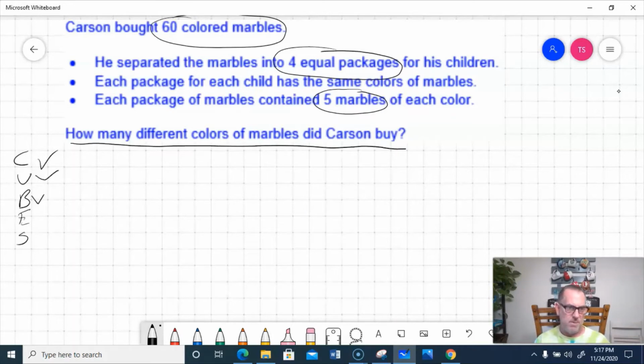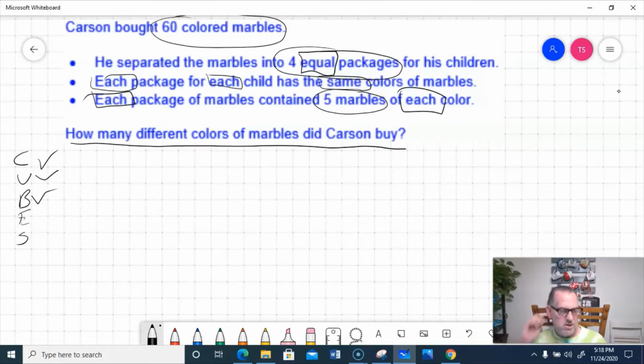Go ahead and box in some operational clues. So right here I'll see the packages are equal, so they're equal size groups. And each package for each child has the same colors of marbles. And right here it says each package of marbles contains 5 marbles of each color.